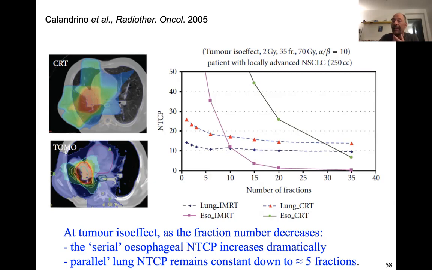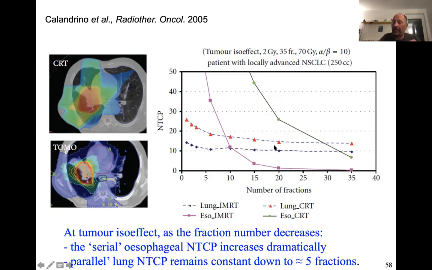You will largely increase the NTCP, and because the alpha beta ratio of the normal tissue is lower than the alpha beta ratio of the tumor, you will have a large increase here. So to have the same effect in the tumor, this is the NTCP calculated for the same effect in the tumor, you go to unacceptable toxicity for the serial organ.